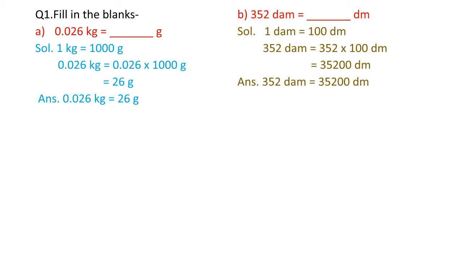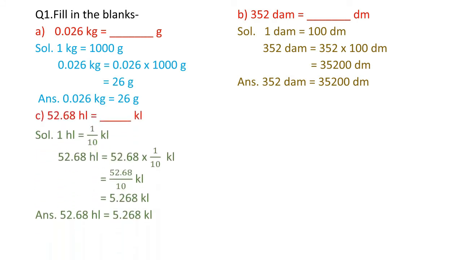So again there is a conversion of higher unit into lower unit, so we will be multiplying. So 352 decameter equals 352 into 100 decimeter, which comes 35,200 decimeter. And the answer is 352 decameter equals 35,200 decimeter.